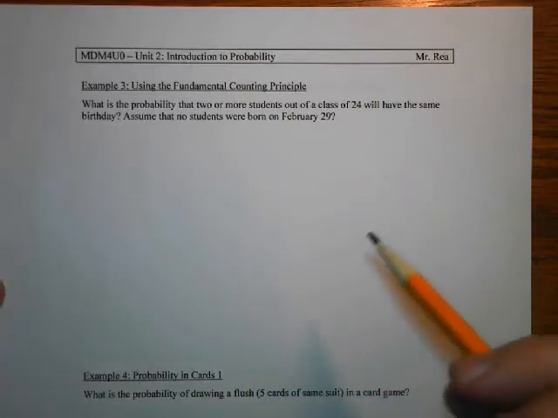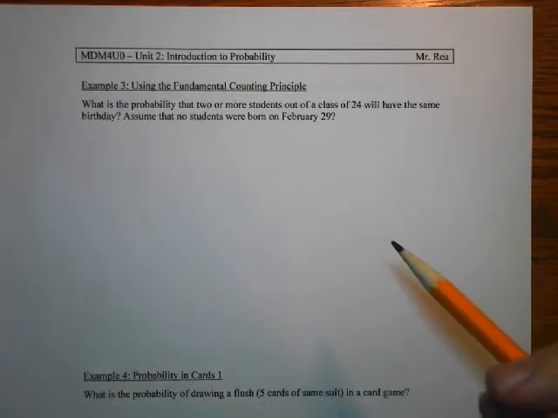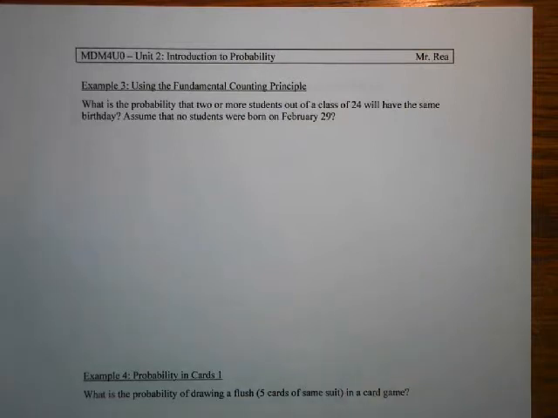Anytime I do this in a class, I'll ask students what they think the probability is of 2 or more students sharing birthdays, and including myself, you would expect this to be probably pretty low. I think the first time I looked at this, I was predicting 5 to 10% maybe.